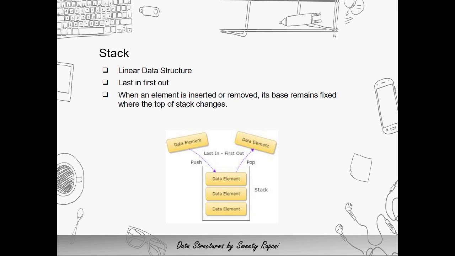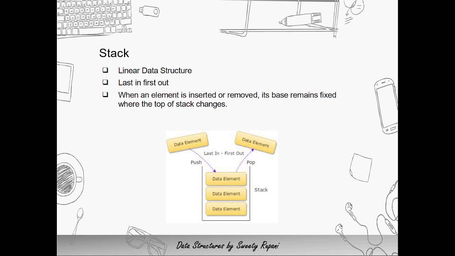Beginning with the stack: a stack is a linear data structure with last in, first out. That means it's a box. You can consider a stack as a box closed on one end and open on the other end. At the open end, you have insertion and removal from a single end.